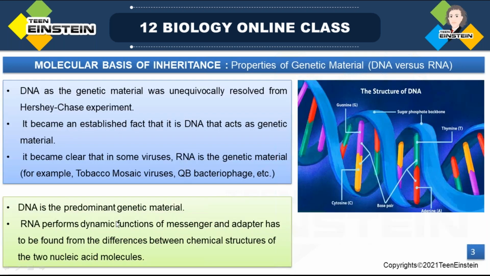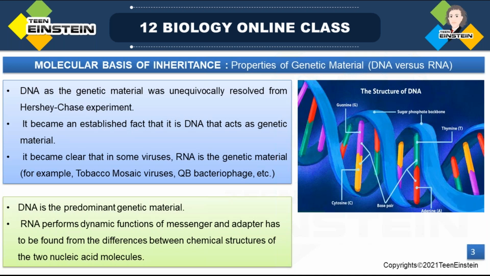So in most organisms, you can see DNA as the predominant genetic material, and RNA performs the dynamic function of a messenger. There are also some differences between the chemical structures of these two nucleic acid molecules.